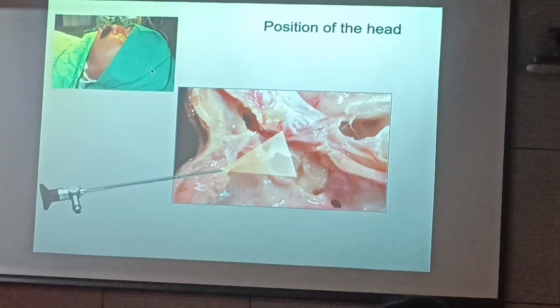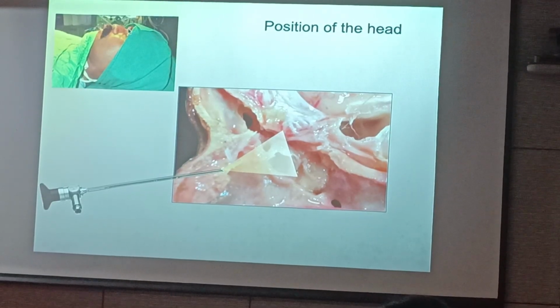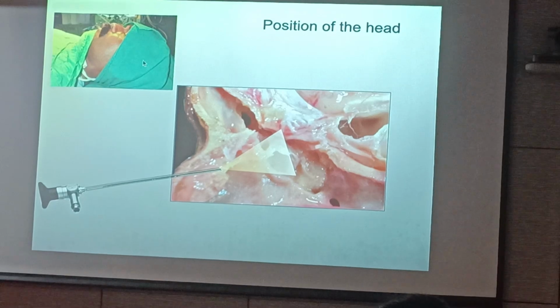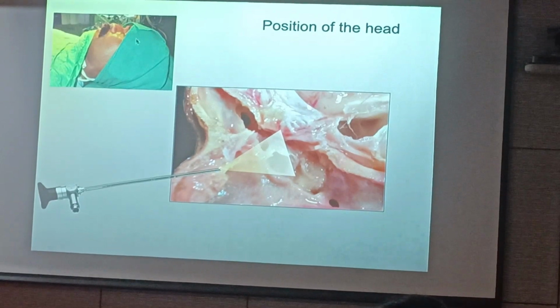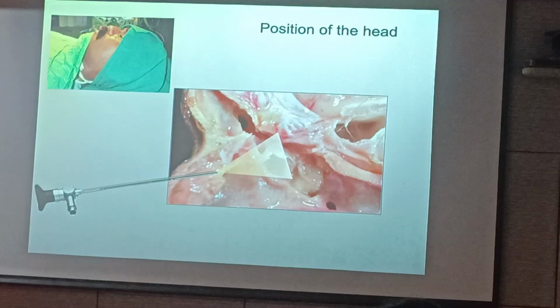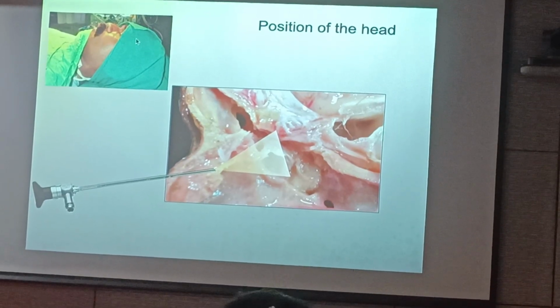That is the semi-flexed position in which you operate. The reason you do that is that as you put your instruments through, you are running parallel to the skull base. You're not directing it towards the skull base.